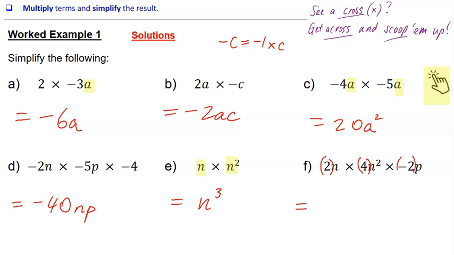That's a mixture. -16. Now the letters. For the Ns, 1, 2, 3, written as base N, index 3, and 1P. This is simplifying algebra when you see the multiplication symbol.